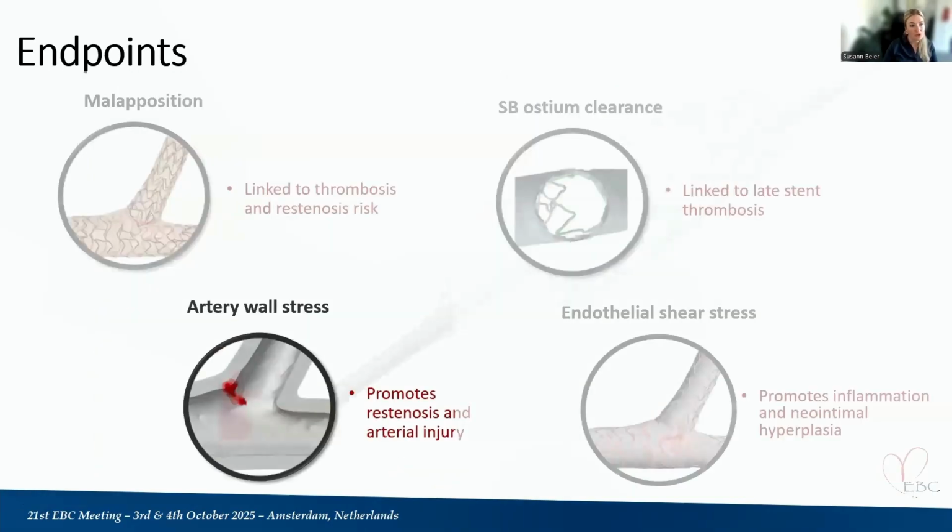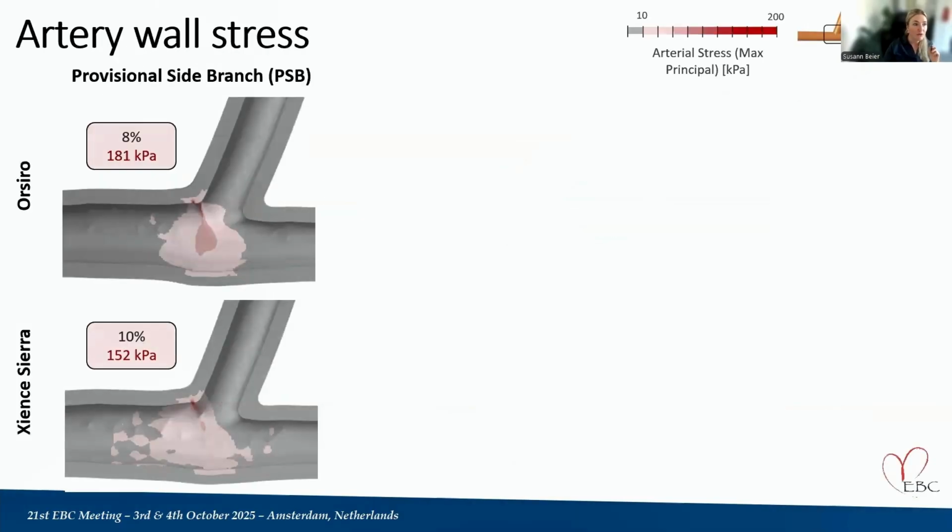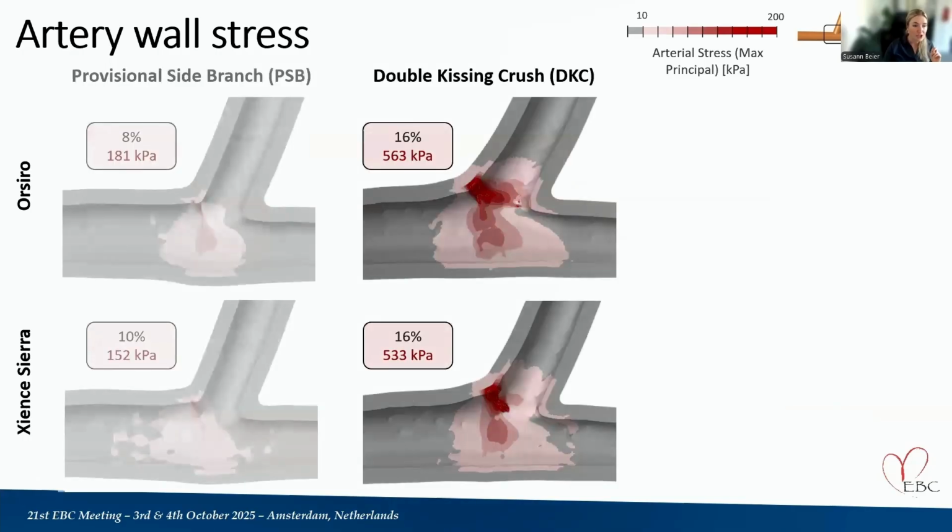Moving on to the arterial wall stresses, so the stresses imposed within the tissue, we can see that for the provisional, Ozyro generated much higher peak stresses, but overall had a slightly smaller area affected by adverse arterial stress. For the double kissing crush, any differences were pretty much eradicated.